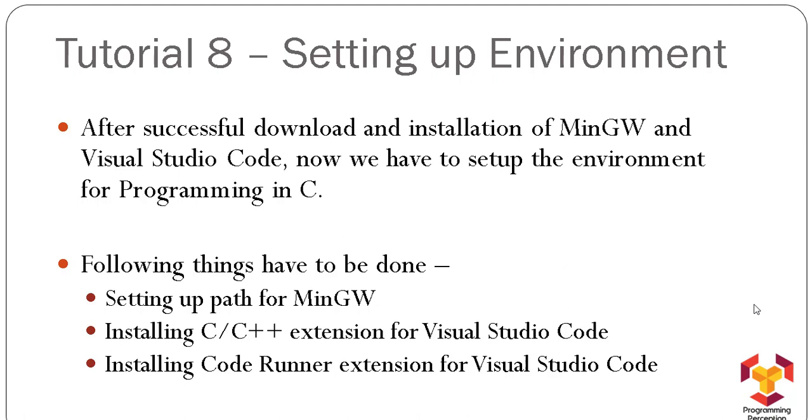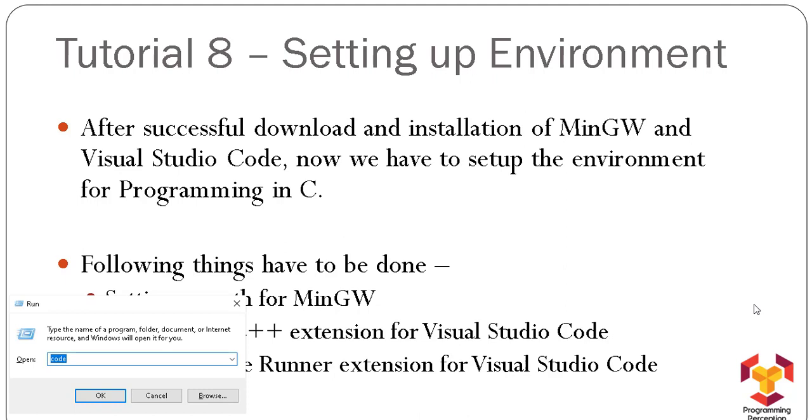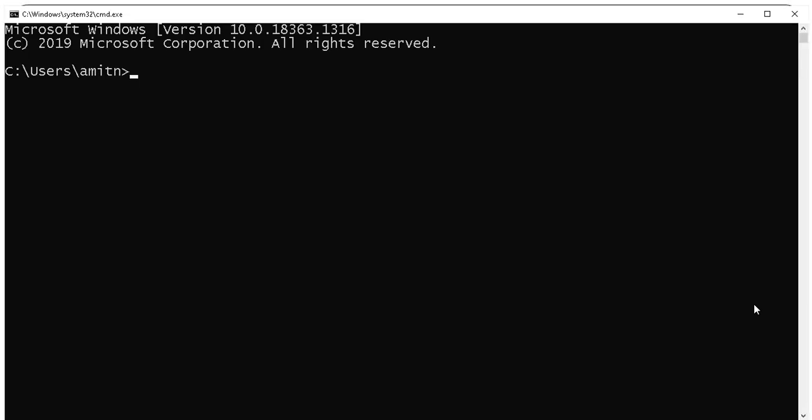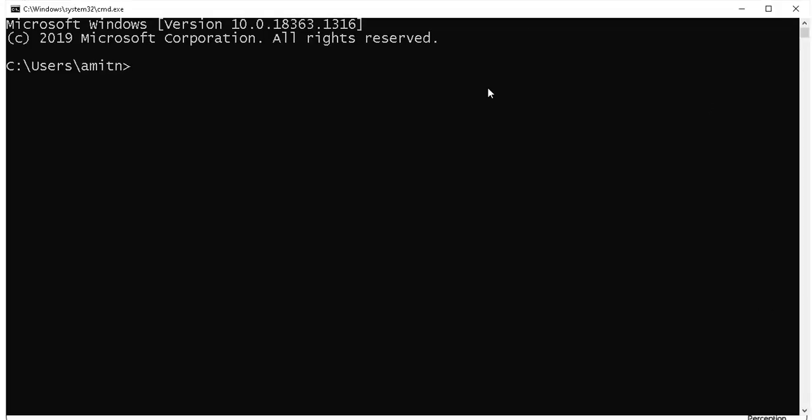Now let me show you why. If we open our command prompt, just press Window R and type in cmd. Now here, if I want to check whether my system is recognizing MinGW commands, all that we need to do is type in gcc --version.